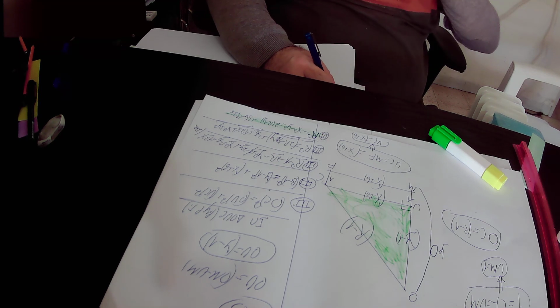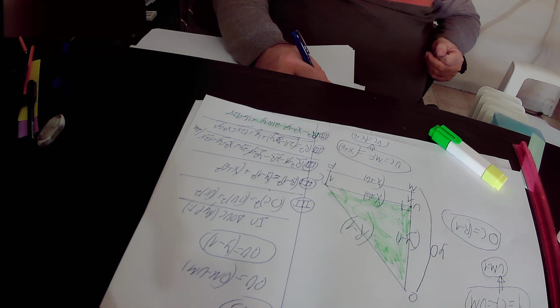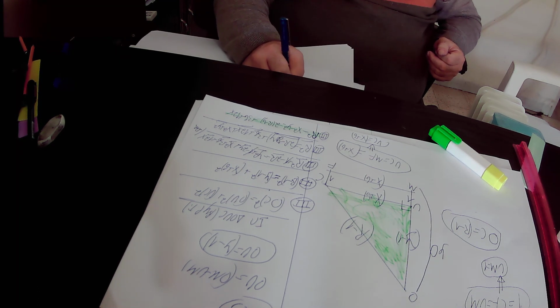And according to equation number 2, R squared minus X squared minus Y squared equals 18 times (R minus Y).